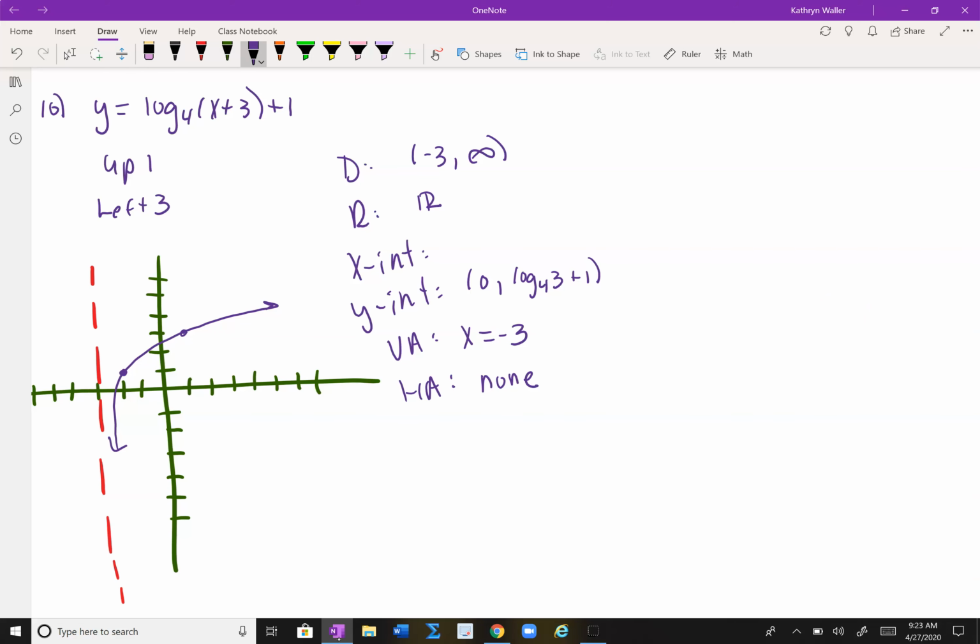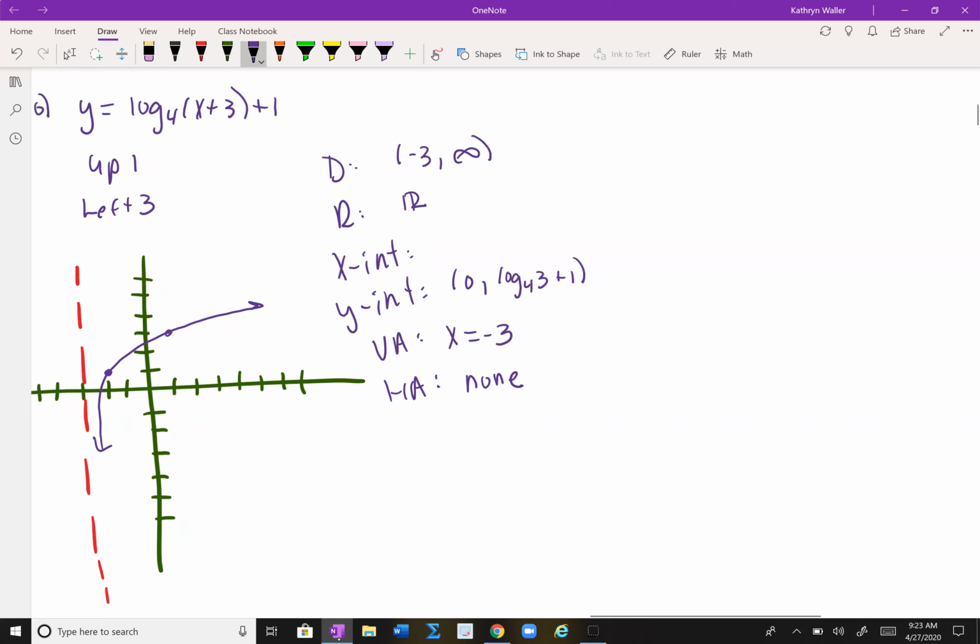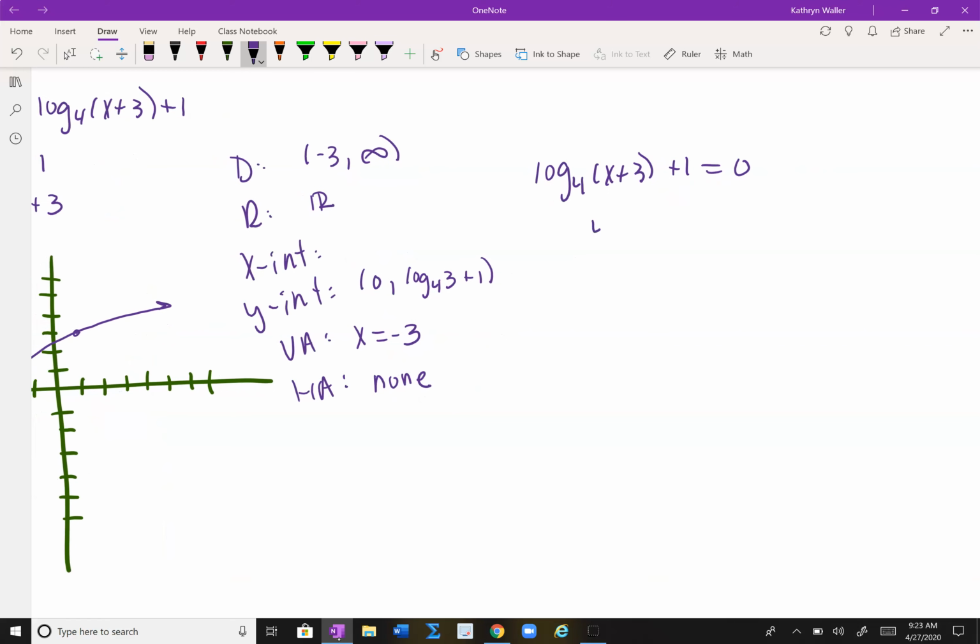To find the x-intercept, you have to let y be a 0. So you'd have log base 4 of x plus 3 plus 1 equals 0. Then I'm going to convert it. So it's 4 to the other side, which is a 0. Oh, no, sorry. First I have to move my 1. So I have log base 4 of x plus 3 equals negative 1. Now I convert it. 4 to the negative first equals x plus 3.